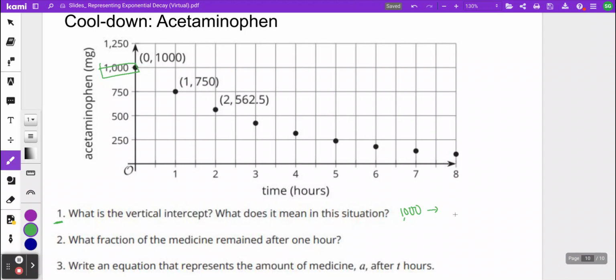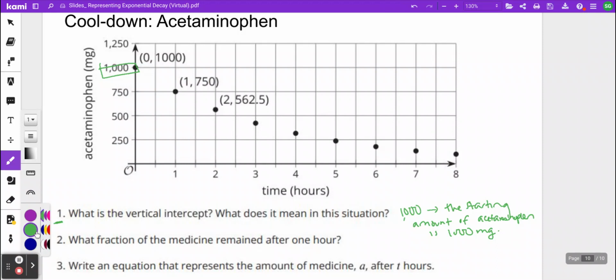So here it's telling us the starting amount of acetaminophen is 1,000 micrograms. So I'm guessing that's like the dose that the patient took at the beginning. That was the starting dose, the starting amount of medication.